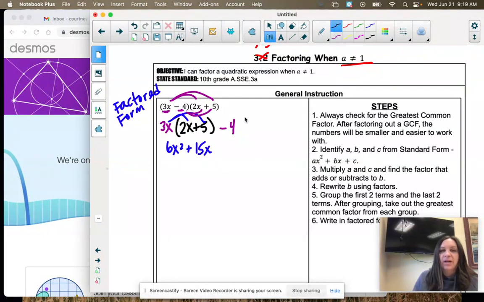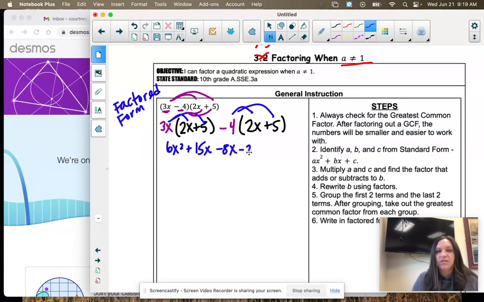We're going to multiply that to both terms here. So negative 4 times 2, negative 8x, negative 4 times 5 is negative 20. And then we would add those middle two to be 15 minus 8 is 7x, and then the minus 20.